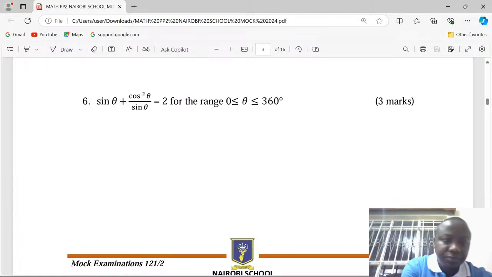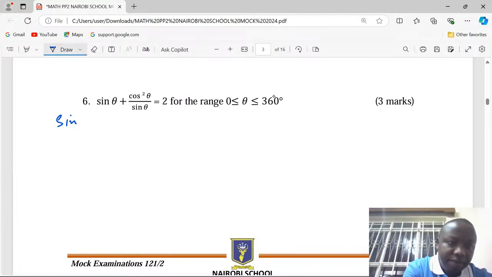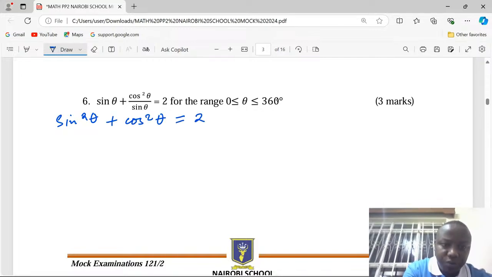Sine squared theta plus cosine squared theta equals to 2 sine theta.